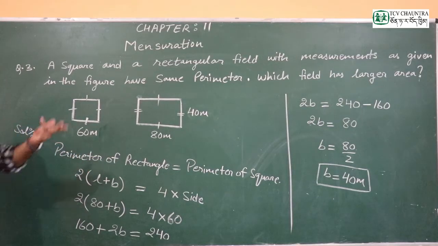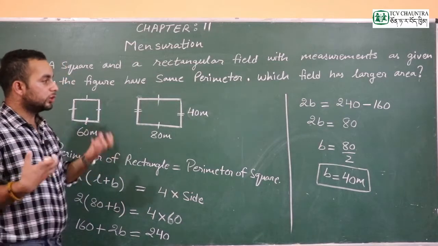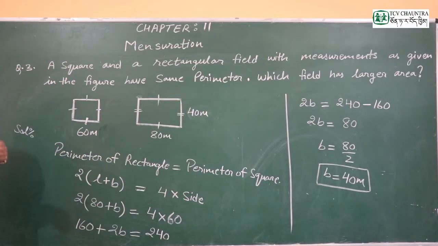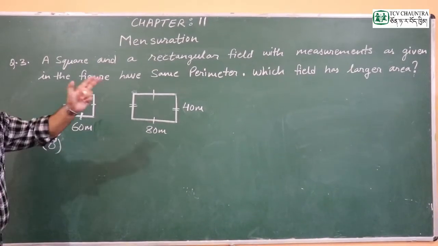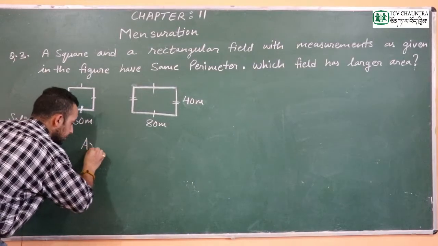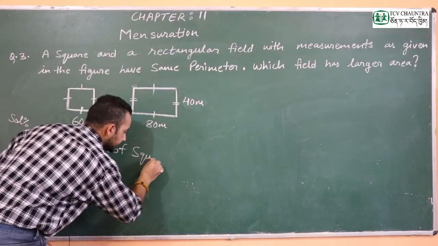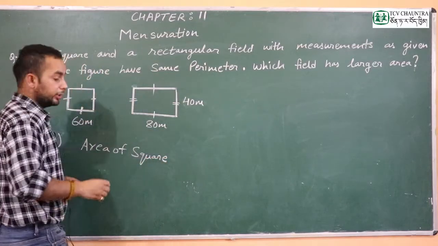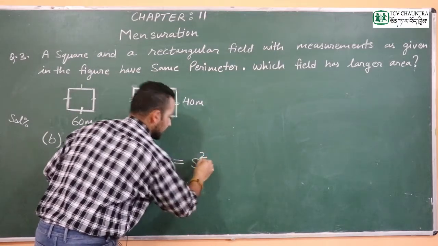Now in part B you are going to compare which field has a larger area. So in part B you are going to find out the area of the square. The area of a square formula is side squared.